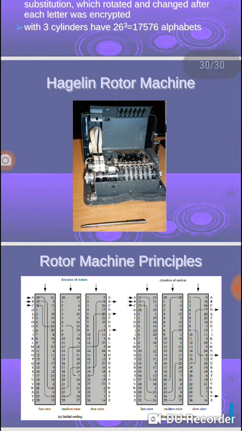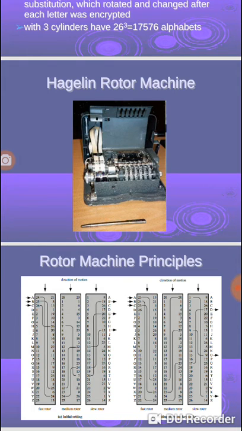This is the rotor machine principle. In it we have 3 cylinders: one is the fast rotor, second the medium rotor, and third the slow rotor, for the initial position. For the next step again we have the fast rotor, medium rotor, and slow rotor.